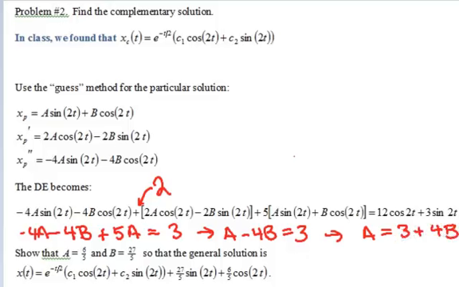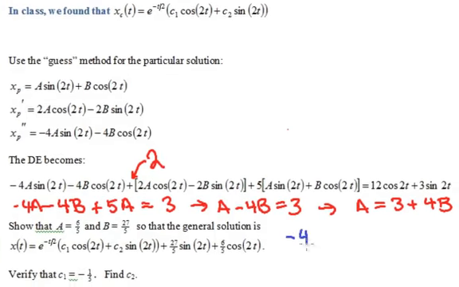So now if I equate coefficients for cosine, my first one is negative 4b, and then plus 2 times 2a, so plus 4a, and then 5 times b. And the coefficient of cosine on the right is 12.